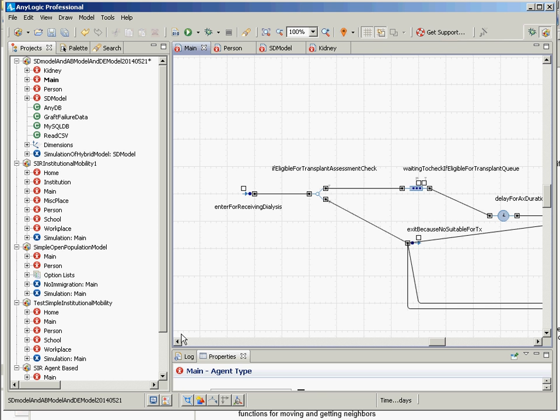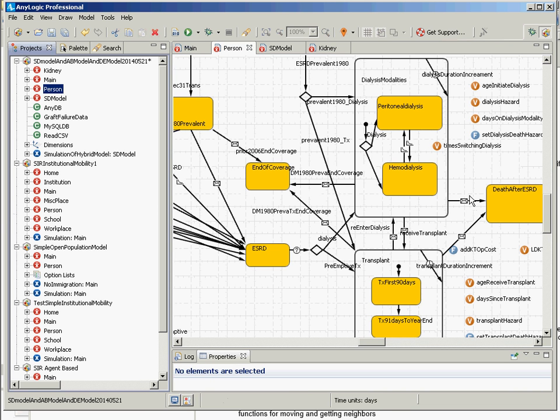And it allows us to then vary assumptions about how many kidneys, at what rate kidneys become available, and see it ripple through to how people's health state evolves, for example, down here at the person level. So this is a model, in short, where it's a tripartite model. We have three types of modeling captured.